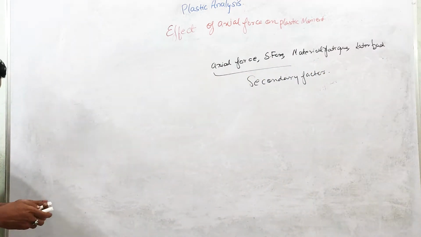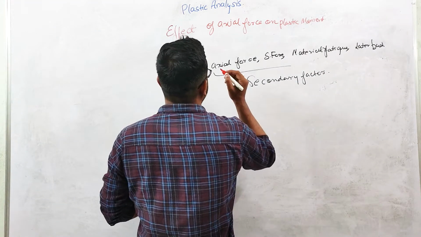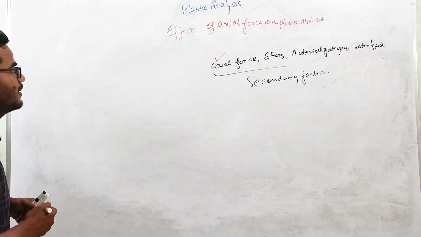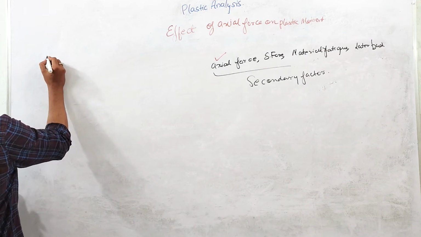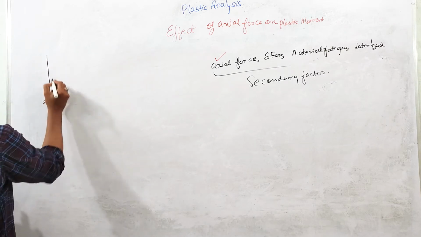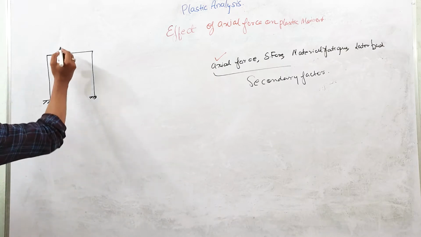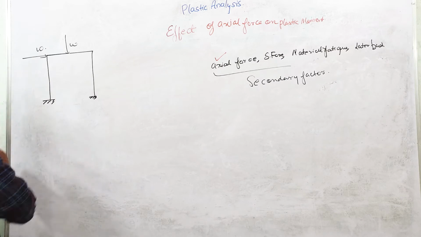In this lecture we will be focusing on the effect of axial force on the plastic moment capacity. Here I am taking one frame structure, and a load W is applied at this point.